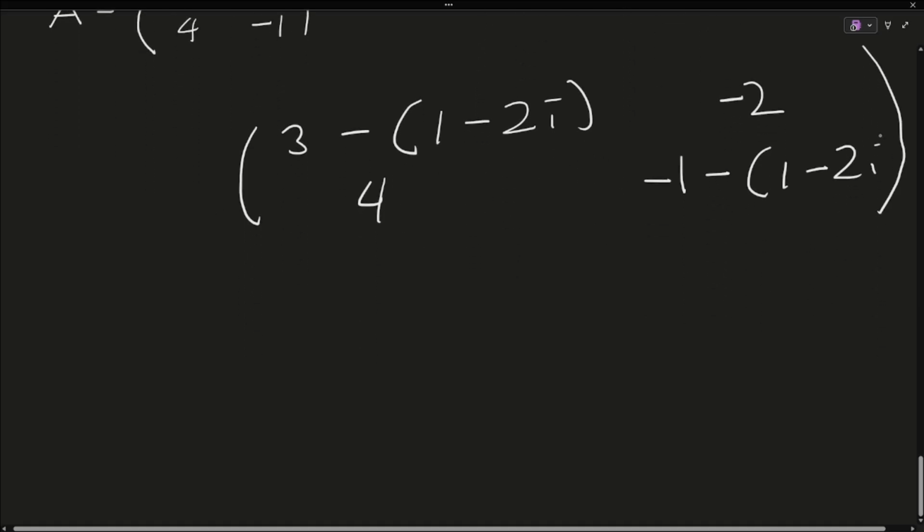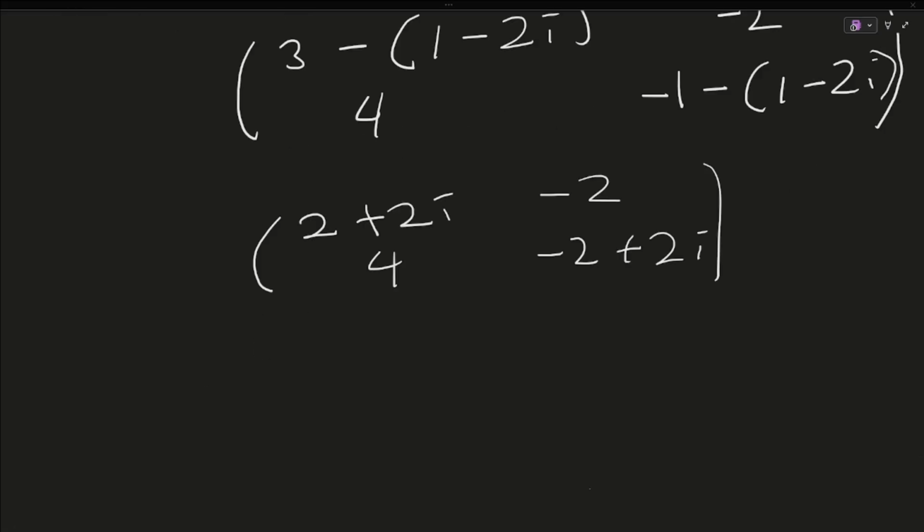When we simplify, we will have 2 plus 2i, negative 2, 4, and negative 2 plus 2i. Now you can pick either of the rows, the first row or the second row. They both must result in the same eigenvector. And in the previous one also, you could pick the second row as well. That shouldn't affect your answer unless you made a mistake along the way.